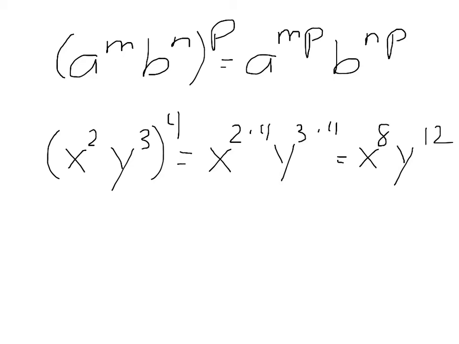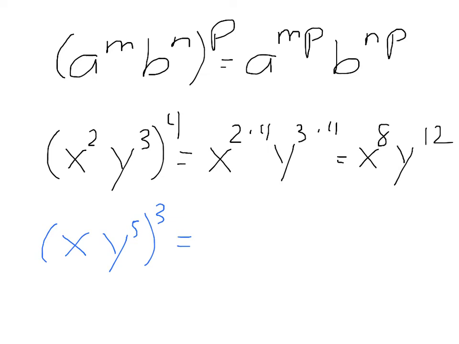But be careful, because sometimes I might throw this at you: x, y to the 5th, to the 3rd power. And you're thinking, okay, I'm going to multiply the outer exponents to the inner exponents, so I'll multiply the 3 and the 5 together, right? No, you would have forgotten something.